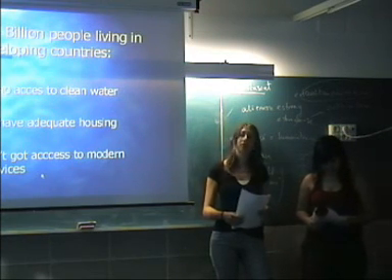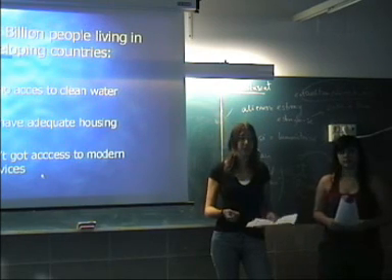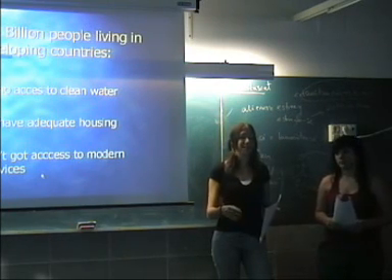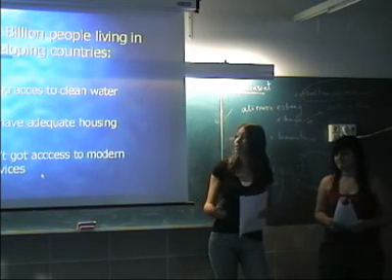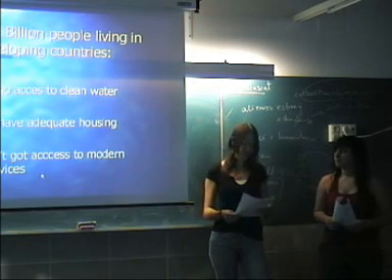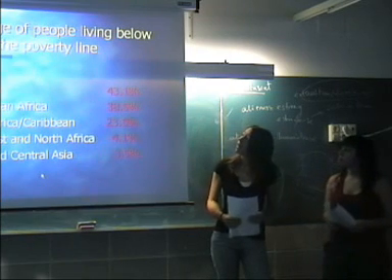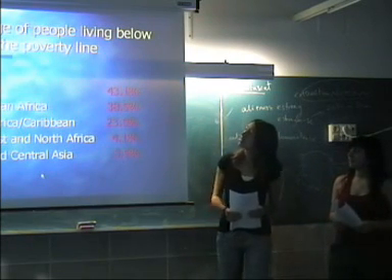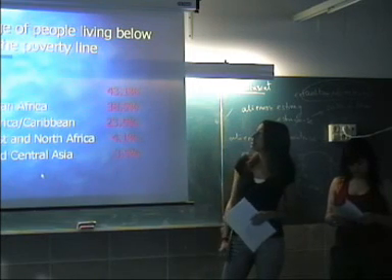And, well, when we think about poverty and famine, we think about the third world. And of course, the third world is the place where these problems are most widespread. Here you can see the percentage of people living below the poverty line.